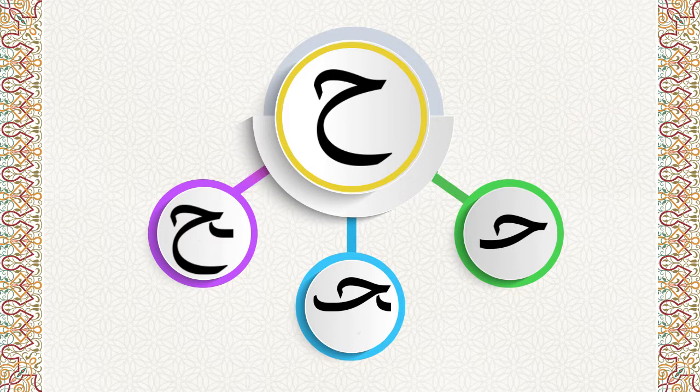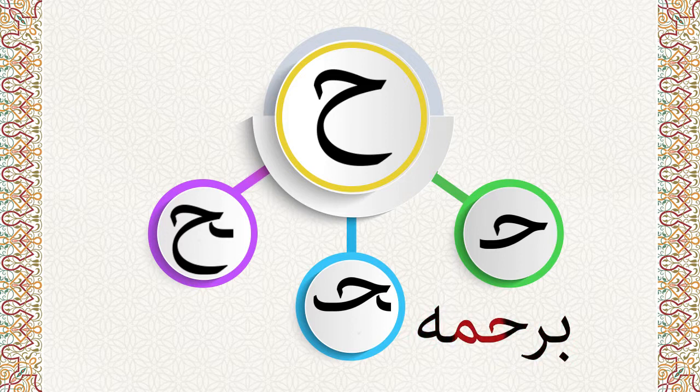Second one is the middle of the letter. What are the examples of the Ha when it comes in the middle of the letter? There are two kinds, two shapes in the middle of the letter that Ha uses in the Holy Quran and Holy Qaida. First one is birahmatin.